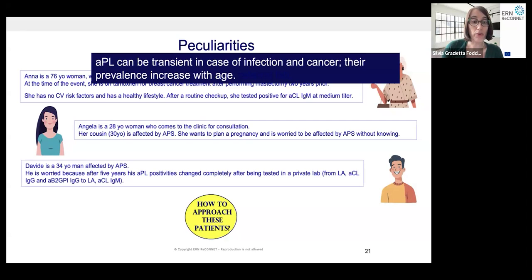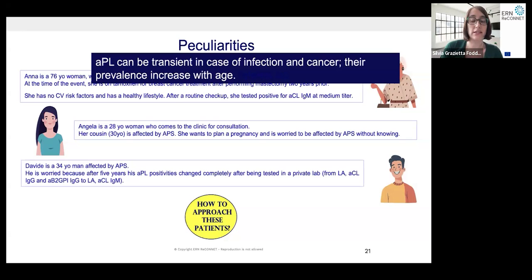Second, as I told you before, APL could be falsely positive in subjects who have an infection, and in coagulation. Our patient is now on a treatment, and in this case, the positivity that she has, specifically for the type of antibodies that we found, anticardiolipin antibodies of IgM isotype, is probably related to the treatment she's taking and to the cancer behind it.